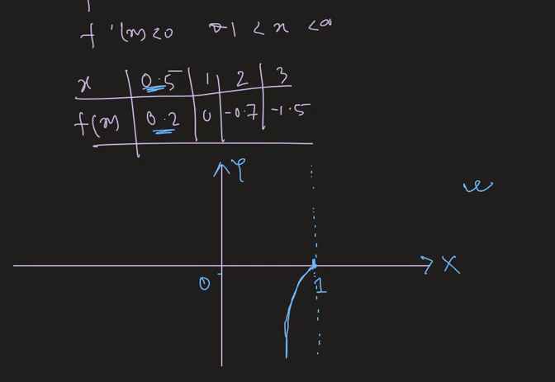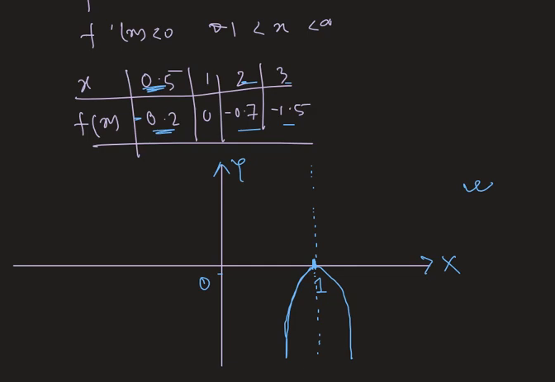Now if the values are greater than 1, like 2 or 3, then the values are negative. This is minus 0.2, and for the values 2 and 3 we also get negative values, but the slope is negative here. Therefore the graph looks like this.